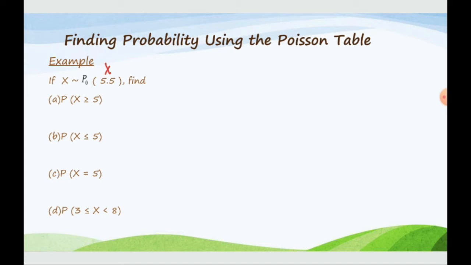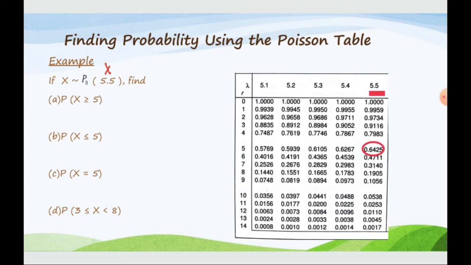the statistical table part, Poisson. The Poisson table starts from page 10. So lambda 5.5 is at page 13. To find X greater than or equal to 5, we just look at the table.